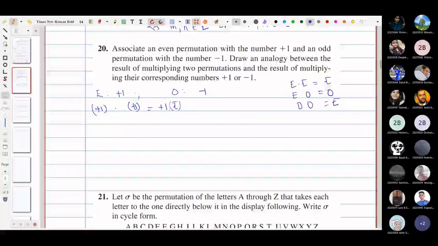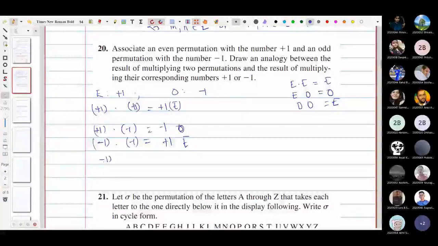If we have +1 here and -1 here, we are going to get -1. So odd. And if we have -1 and -1, then we are going to get +1. In this case, this is an even permutation.